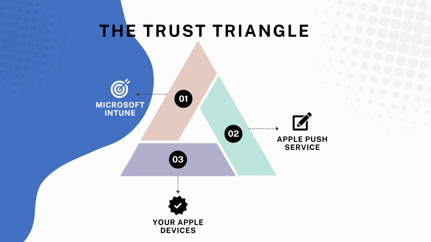Think of that as Intune saying, "Hello Apple, I am Microsoft Intune, acting on behalf of Azure Cloud today, and I'd like permission to manage Apple devices." Step 2 is Apple reviews that request and signs it with their own cryptographic signature. That signed file is the APNs certificate itself.